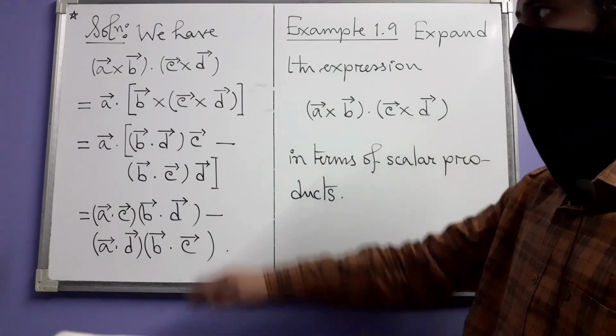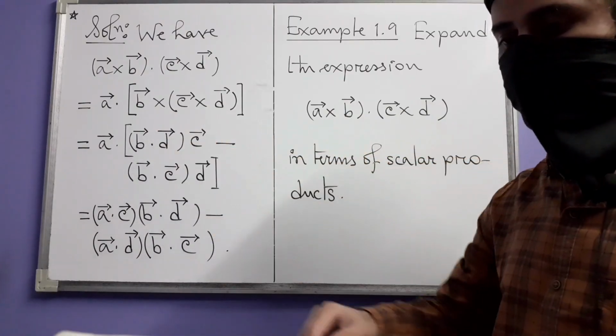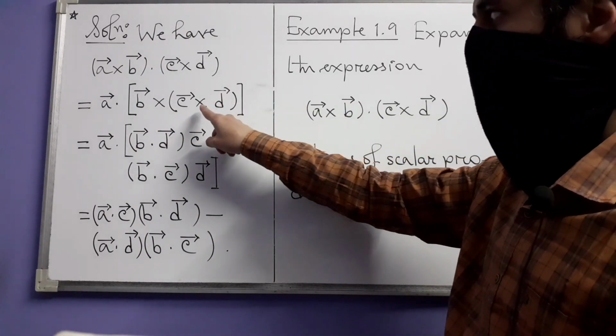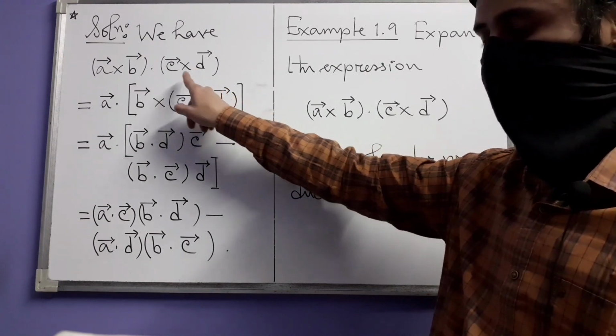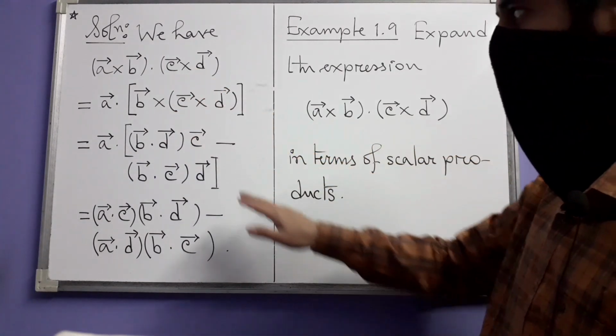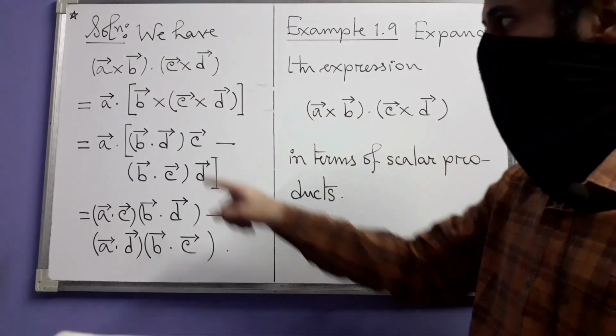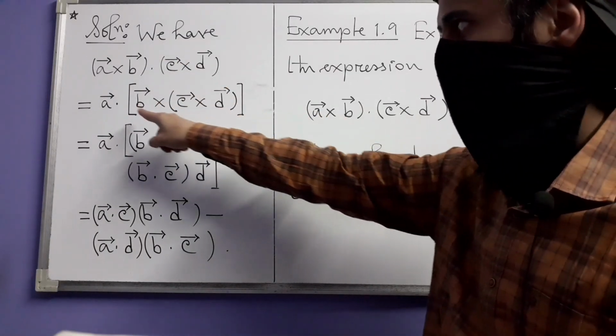So in the solution, the very first step may be a bit confusing at first, but you don't try to see how this comes from this one, although that's what happened, but still you try to see how this one is equal to this. What are you looking at here?